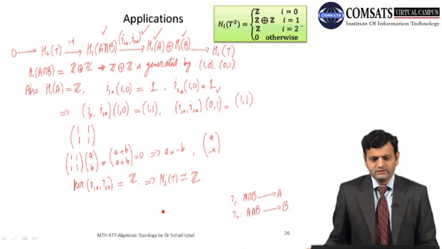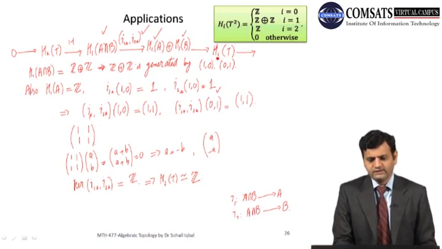Okay, so similarly we can consider these maps, and we can try to calculate H1 of T. So what should be the idea? The idea is very simple: the image of this is equal to the kernel of this. In the next stage we will have H0 of A intersection B, which will go to H0 of A direct sum H0 of B, and so on.